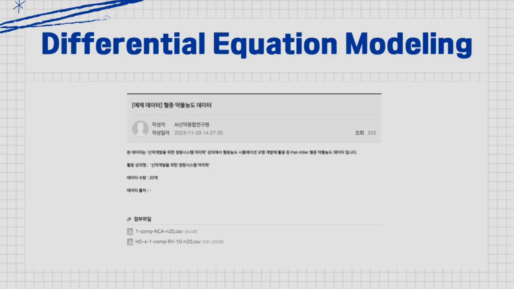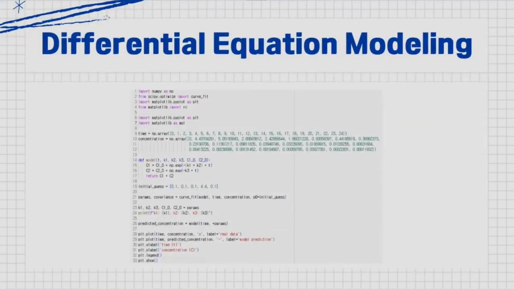The data was sourced from the Convergence AI Institute for Drug Discovery. The study was conducted in Google Colab with time values ranging from 0 to 24 hours, and the corresponding drug concentration data was input for analysis.